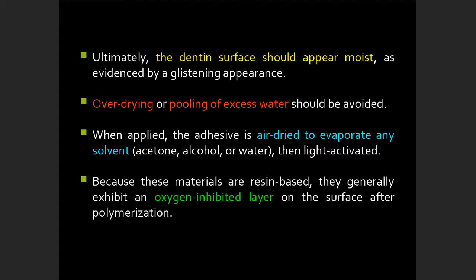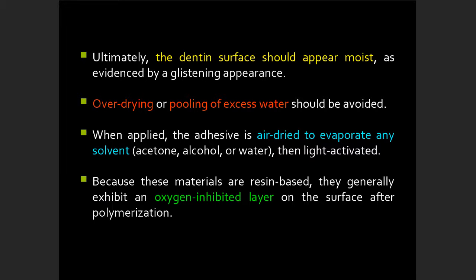Now this is important. We don't want the collagen fibers to collapse, so we keep the dentine slightly moist. A slightly glistening surface is ideal. There should not be over drying or pooling of excess water. This should be avoided.